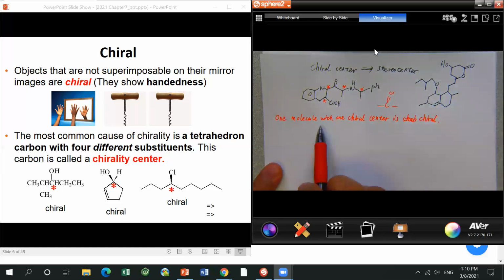One molecule with one chiral center, only one, must be chiral, for sure, no problem.